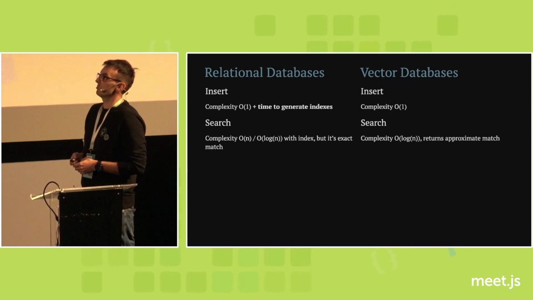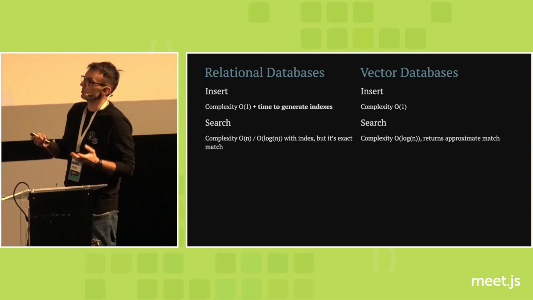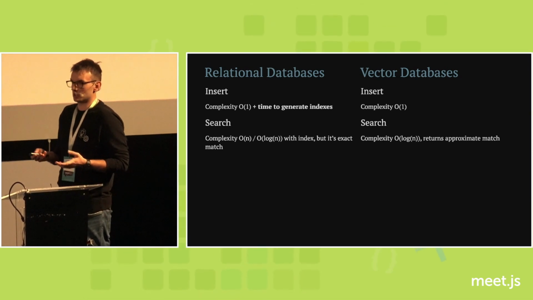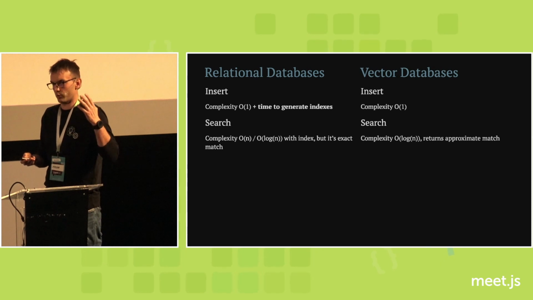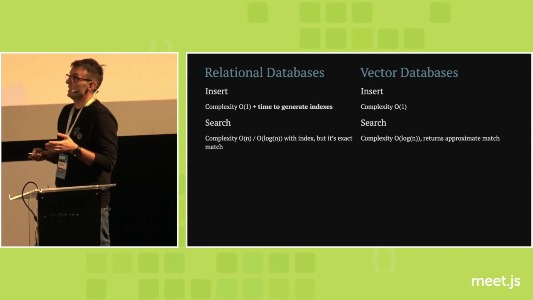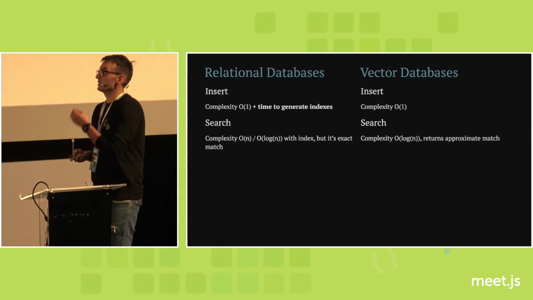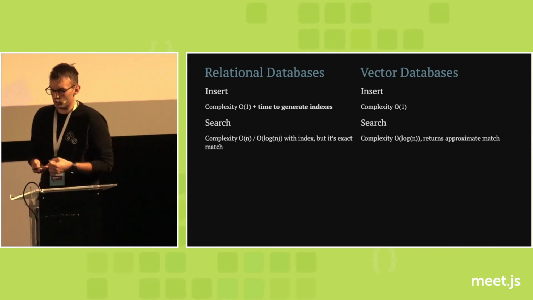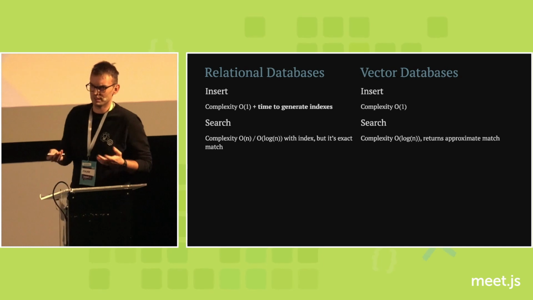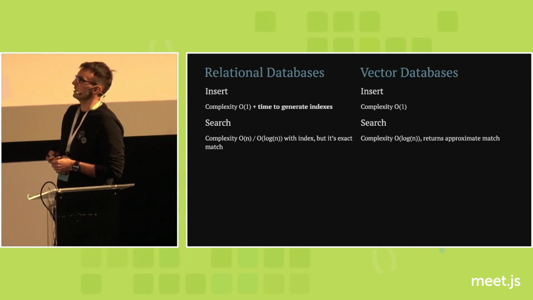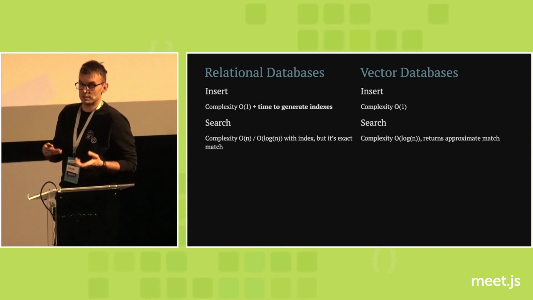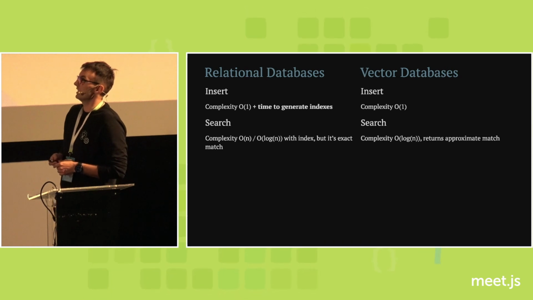On the basic level, we have the complexity in the relational database which is linear. So in the worst case scenario, we have to look through the whole database, and the element will be found last. If you use indexes, it can be logarithmic. It depends also on the policy of the database that is using the indexes.